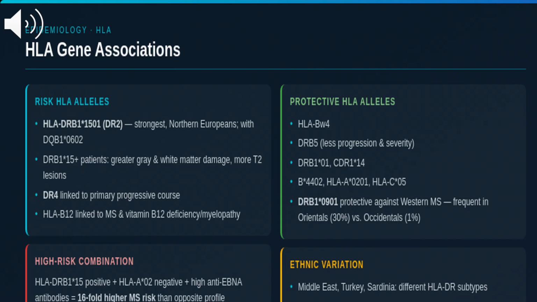Non-HLA MS genes include immune-related variants, complement factors, cytokine receptor polymorphisms, and a CYP27B1 variant affecting vitamin D synthesis. Over 200 candidate genes have been identified, but individual effect sizes are uniformly small, odds ratios typically around 1.2, meaning no single non-HLA gene substantially predicts individual risk.